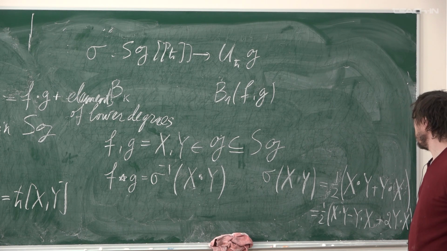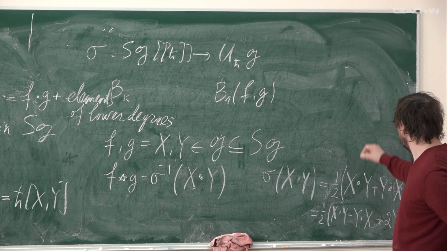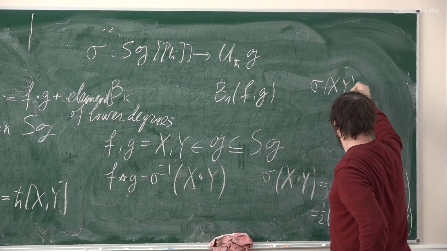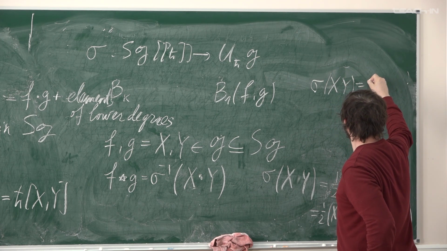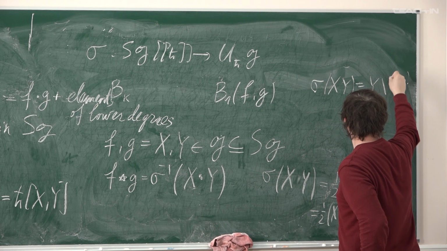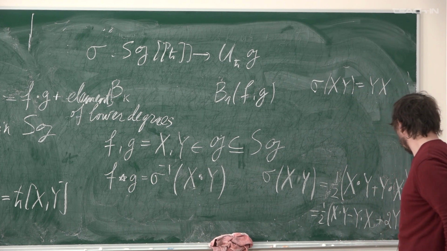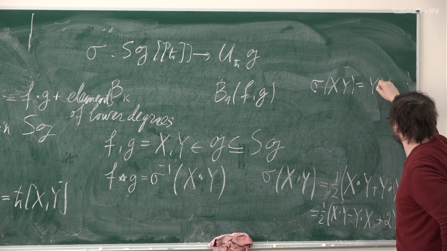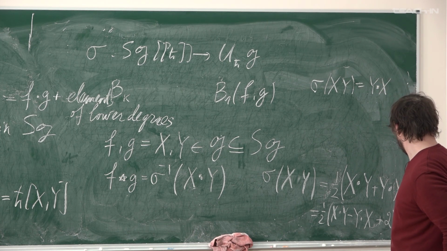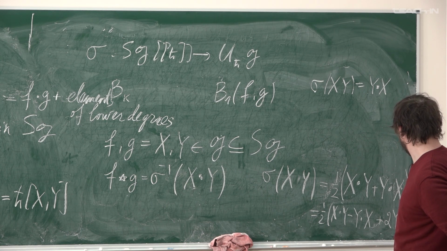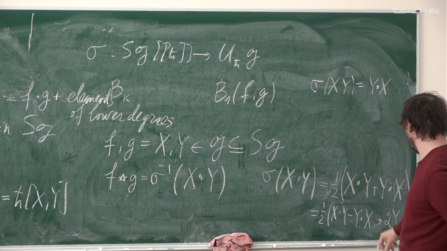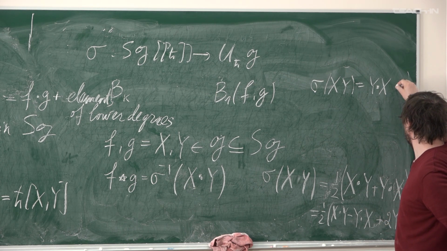Yeah. So what do we have? So sigma of x y is equal to y dot x. I hope it's, so is it minus and plus, right? I think it's correct, okay.